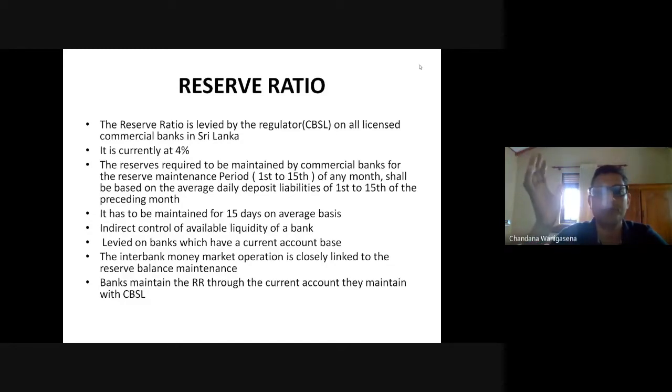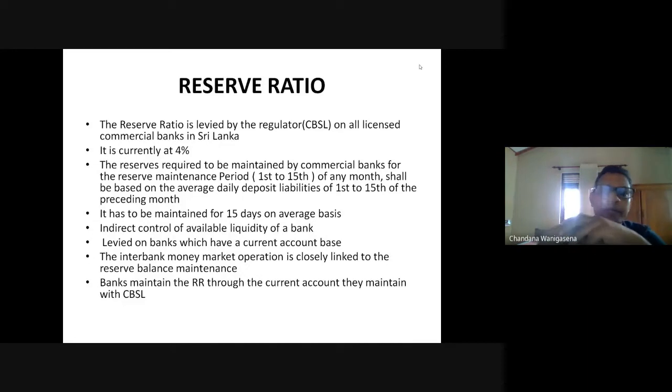From the 1st to the 15th of the preceding month, maybe last month, we take the data for each day at bank level: first, second, third, up to the 15th. What are the deposits the bank has?